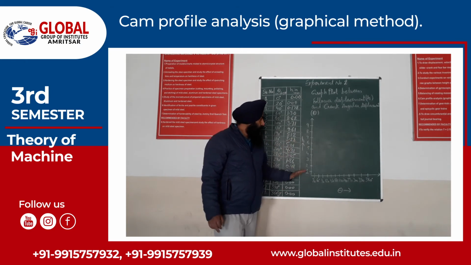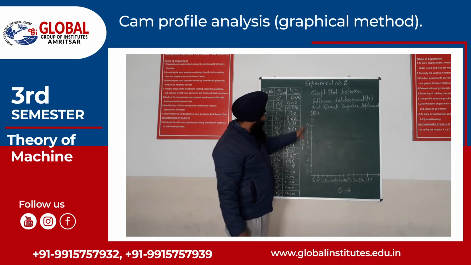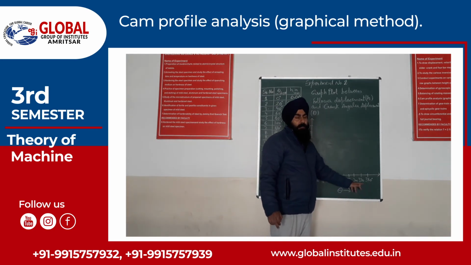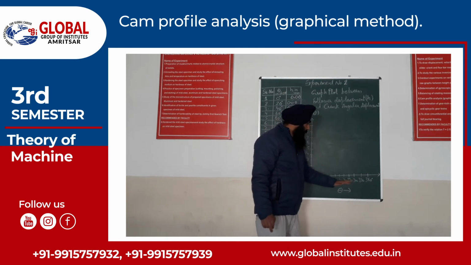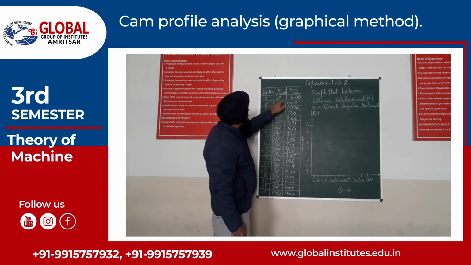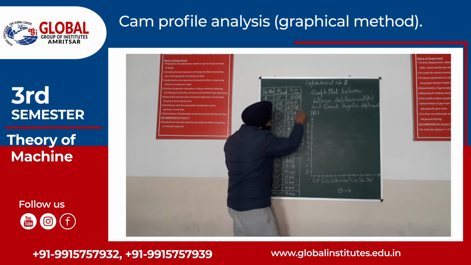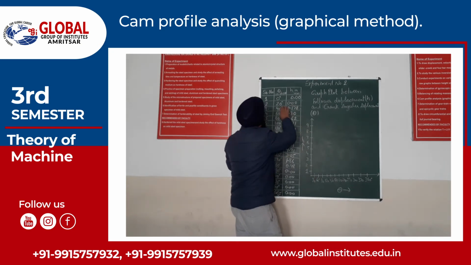Now we draw the plot between the height of the follower and theta, the cam rotation. We take the points from 0 degrees, which is 0. 20 degrees is also 0, and 40 degrees is 0.781.